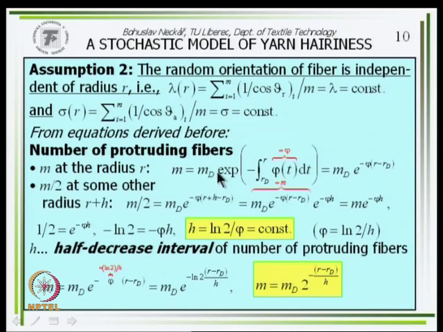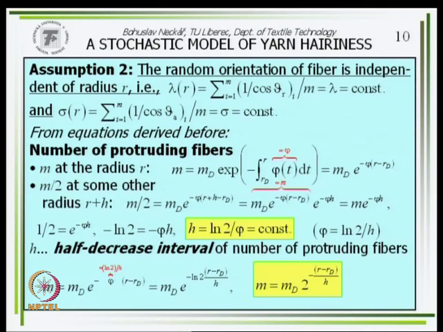Number of protruding fibers, m. We derived that m is this expression here. Now phi is constant, so it goes before the integral, and after integrating, which is trivial, we obtain that m is md times e to the power of minus phi times r minus rd. Well.